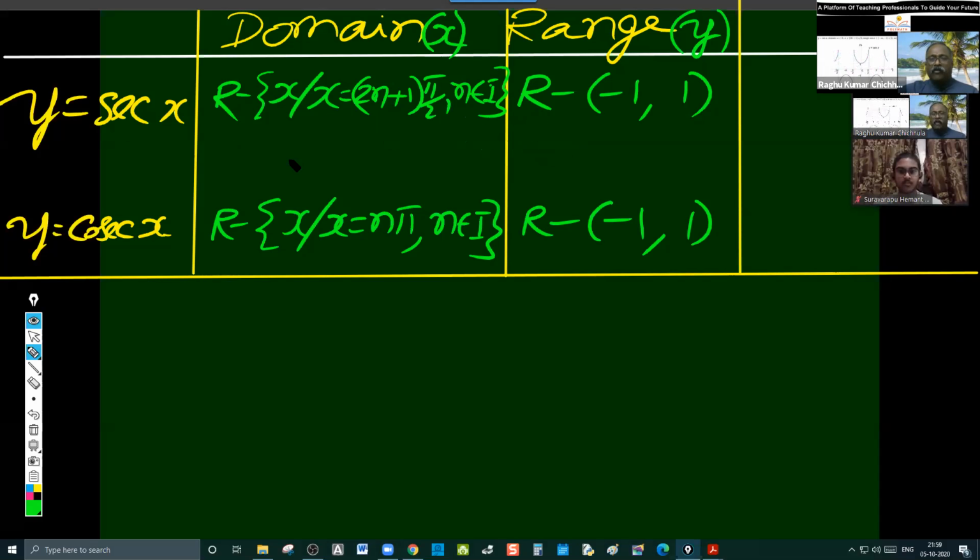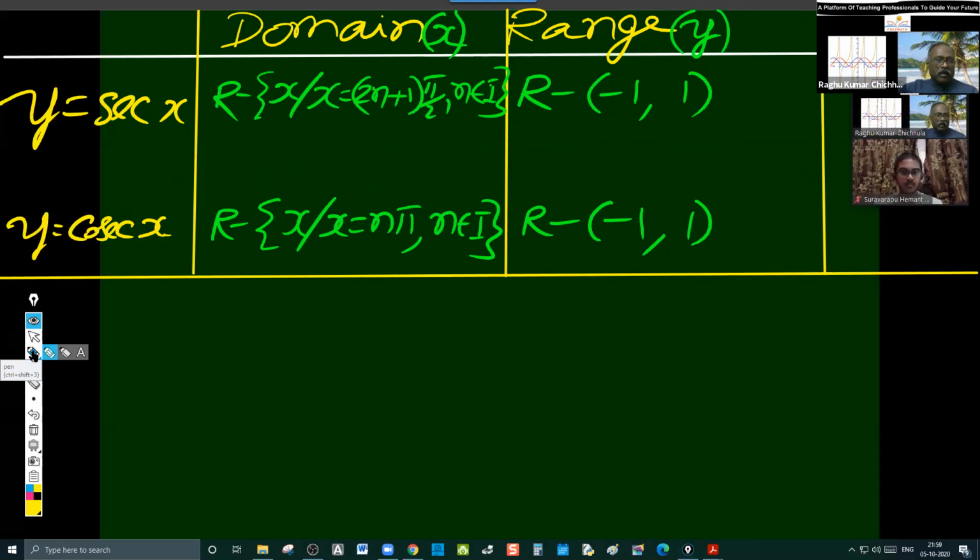And I want to show you in a different format also, for better understanding. Another form of writing R minus of minus 1 to 1. Set of real numbers means minus infinity to plus infinity. So this can also be written as minus infinity to minus 1, union 1 to infinity.